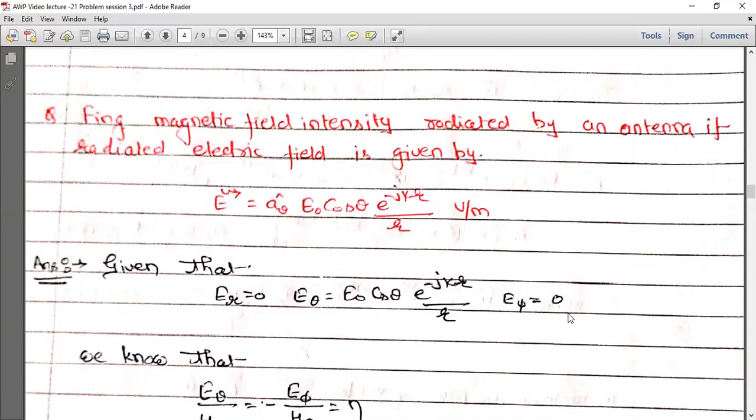Now we know very well that E theta by H phi is equal to minus E phi by H theta is equal to eta for any electromagnetic wave in that specific medium. And eta is a medium dependent quantity which is known as intrinsic impedance and given by square root of mu by epsilon, where mu is the permeability of the medium and epsilon is the permittivity of the medium. So that depends on the medium.